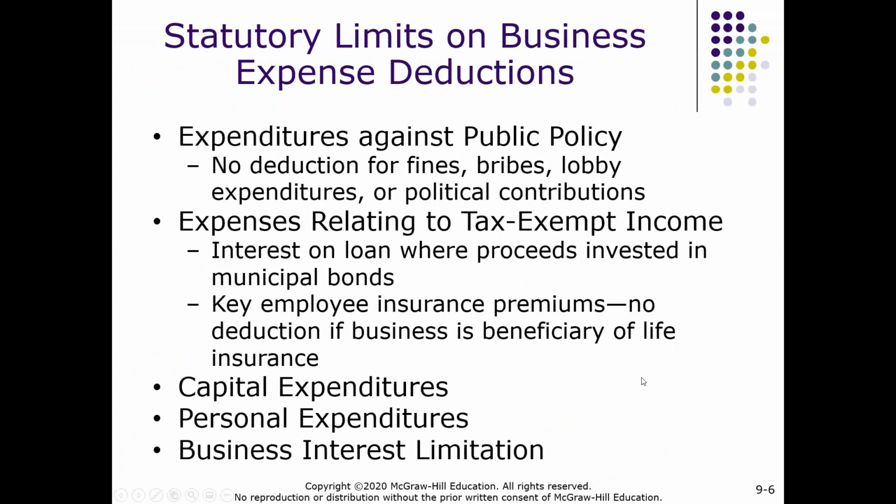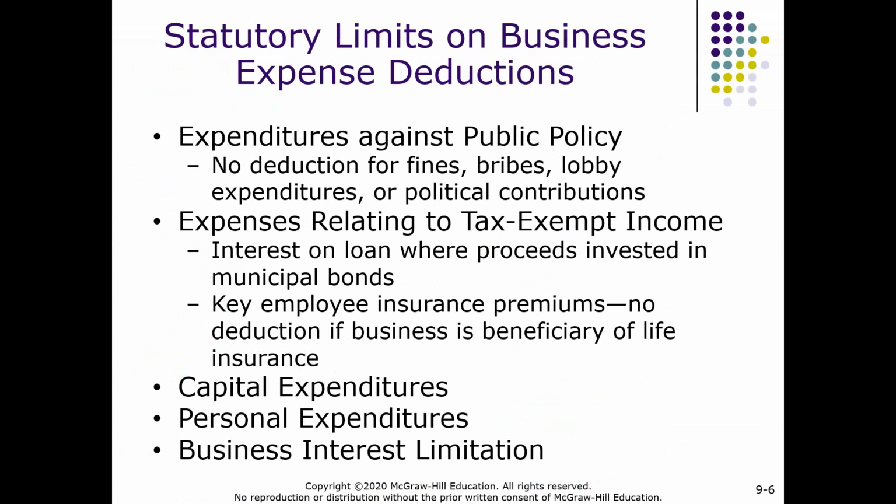So, statutory limits on returns. Expenditures against policy, obviously fines, bribes, lobby expenditures, political contributions. Some of you might say, well, of course bribes are not deductible, bribes are illegal. Well, yeah, but which country are you in? There are certain countries where bribes are not only not illegal, they're customary procedure.